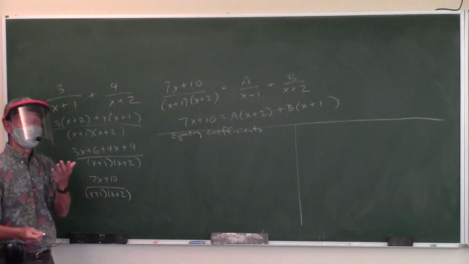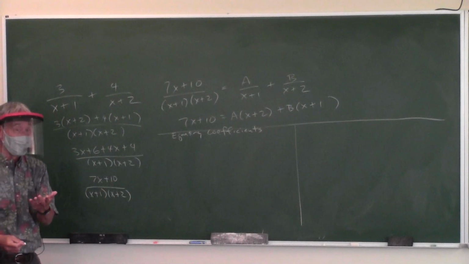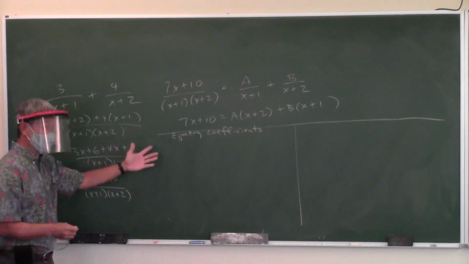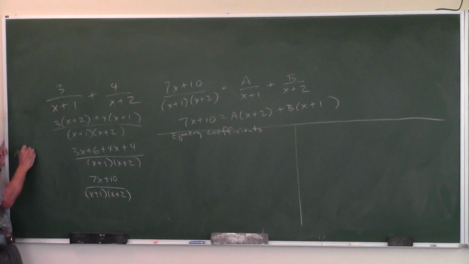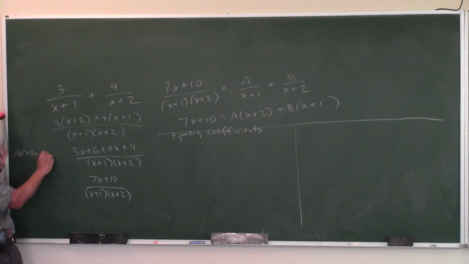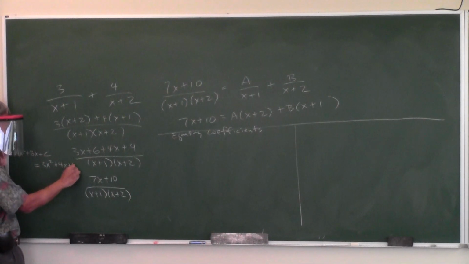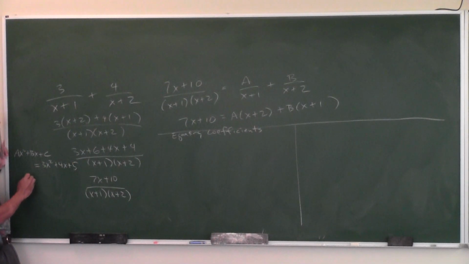This is the kind of problem they give you on the PSAT and SAT, and they do it because of this. Okay, look. If ax squared plus bx plus c is equal to 3x squared plus 4x plus 5, we can then conclude that a equals 3, b equals 4, and c equals 5.